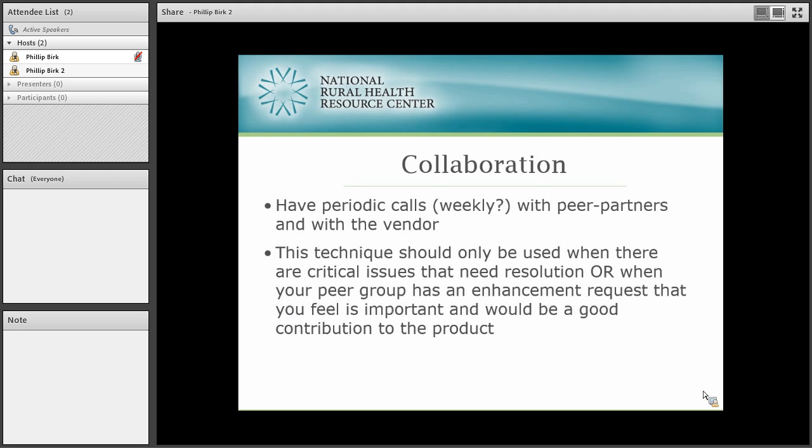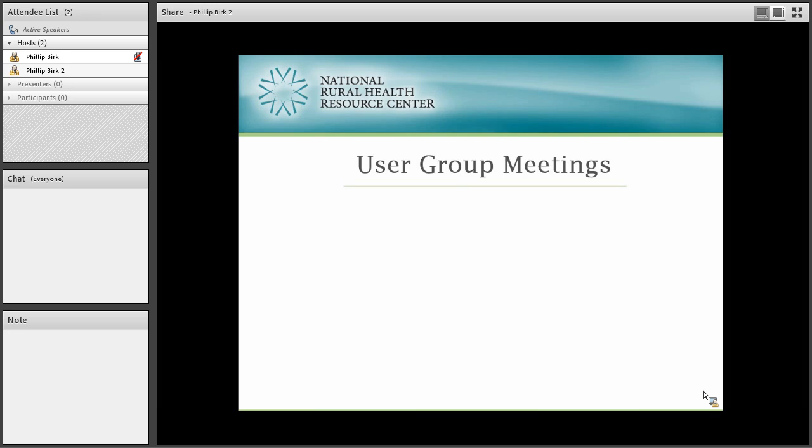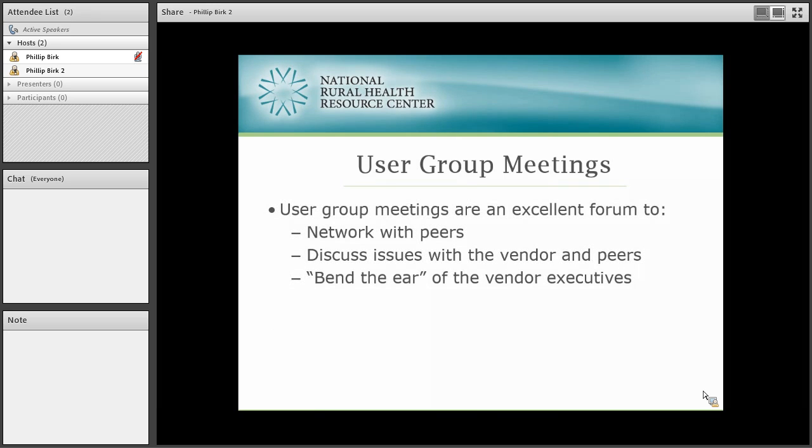Collaboration, we talked about this as a technique, and collaborating with a peer can be very powerful. If you're still using the issues list, you may want to have a shared issues list that says, all of us peers are having this problem, and here's our list of the priorities and dates.